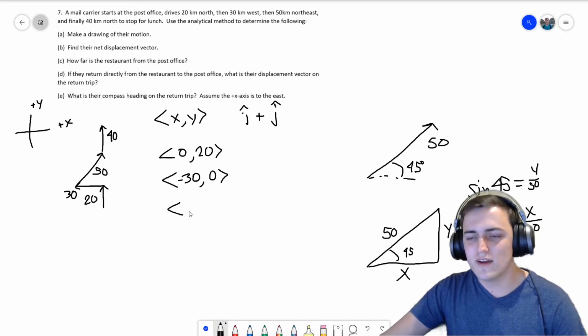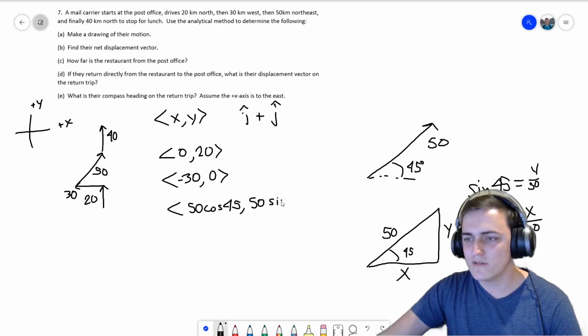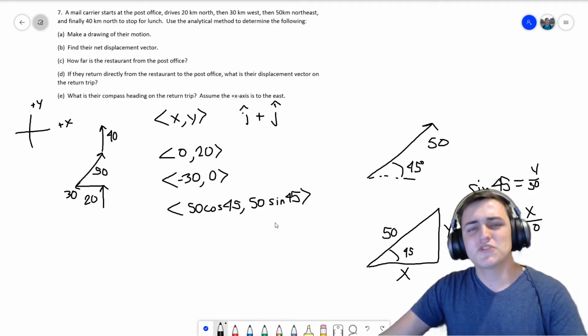So when we write this vector, we know it's in the positive x and positive y direction. It's a little cryptic, so we're going to skip a step of writing it out, where x is 50 cosine 45 and our y is 50 sine 45. And so that's the most complicated vector.